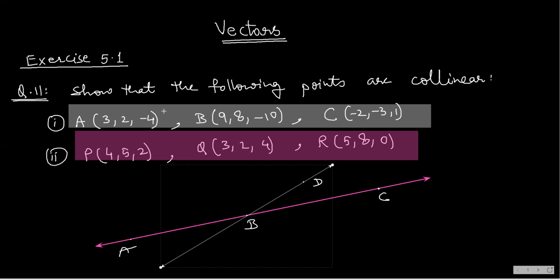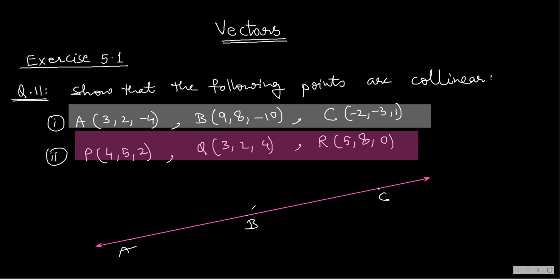A is on another line. Or when you join A with B, you find that D is on some other line. So A, B, D are not collinear. The 3 points are not lying on one single line, but A, B, C are collinear points. Okay, very good. So we have to prove that these 3 points A, B, C are collinear.